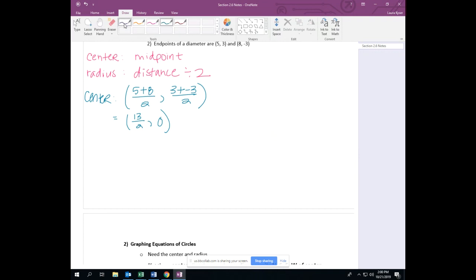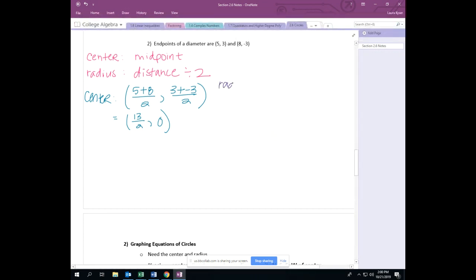Now for my radius. For the radius, I'm going to use the distance formula for these 2 points here, and then I am going to divide it by 2 at the end. So we're going into the distance formula. x2 minus x1, 8 minus 5 squared. y2 minus y1, negative 3 minus 3 squared.